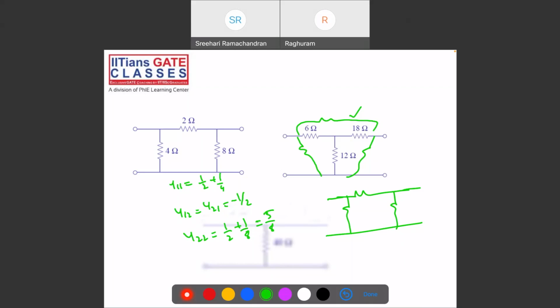Or you can use the formula. I don't prefer using the formula because you should understand the concept in a simpler way. Try to do it in the simpler way.